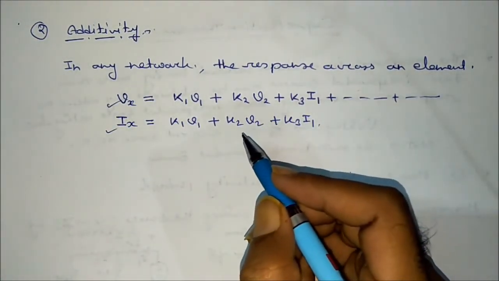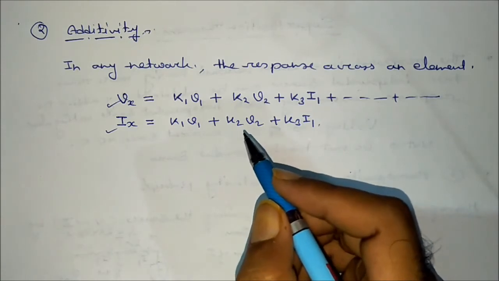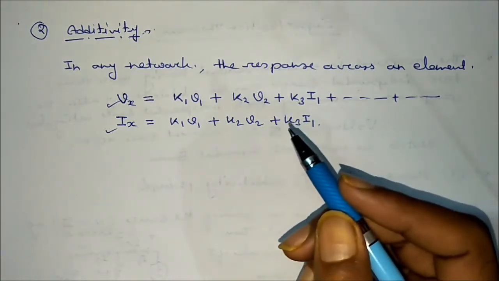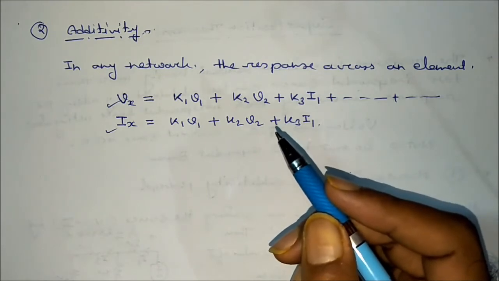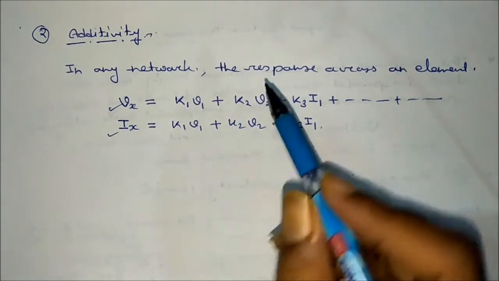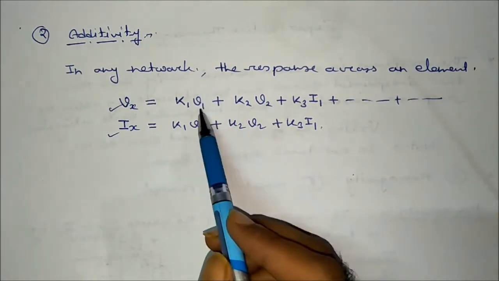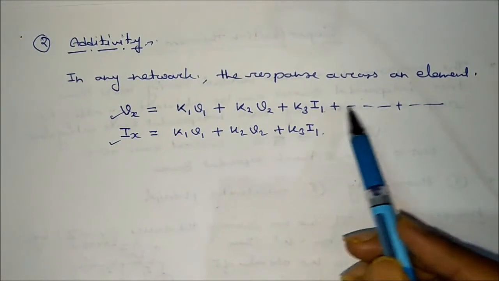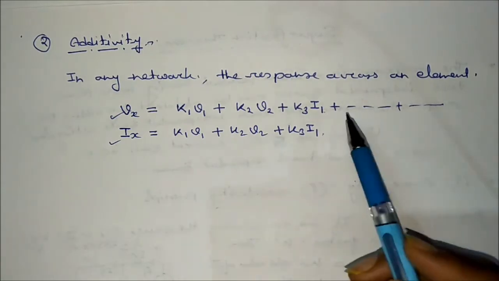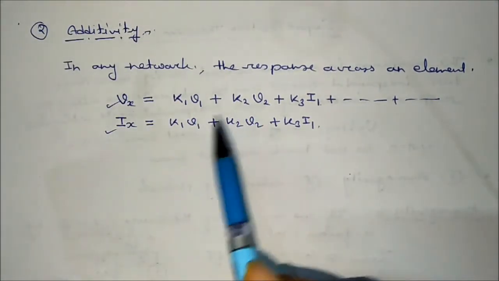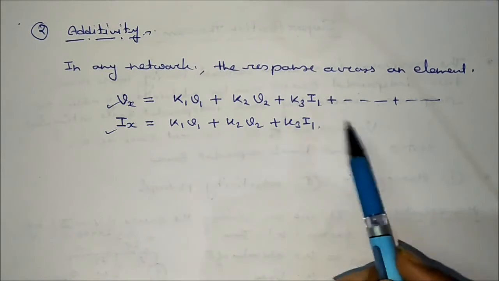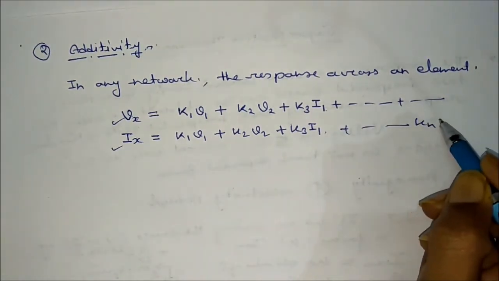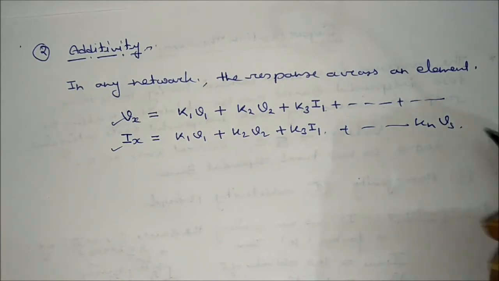So in any network, we can say that in a linear network comprising n independent sources, the response across a particular element can be represented as Vx equals K1 V1 plus K2 V2 plus K3 I1 plus dash dash dash Kn Vn. Similarly, Ix can also be written as K1 V1, K2 V2, K3 I1 plus dash dash dash for Kn, whatever the next source is, Vs.